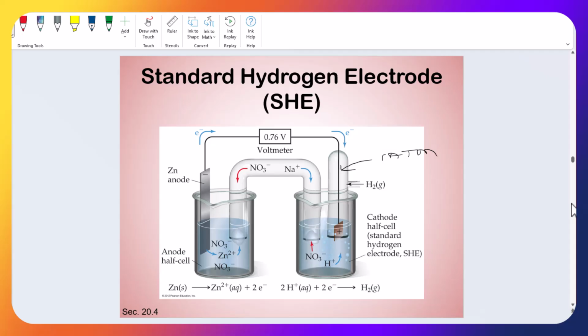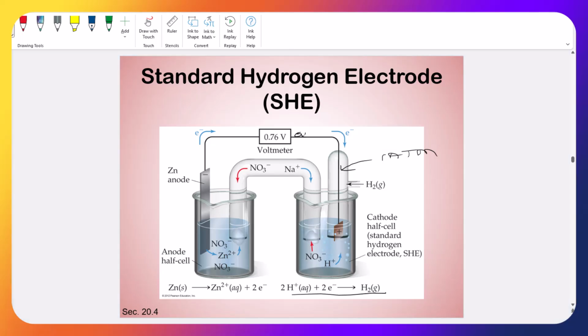What we're measuring is the tendency of this electrode to either oxidize or be reduced in reference to the standard hydrogen electrode. And so if the zinc chooses to oxidize in the presence of the standard hydrogen electrode, what we're going to wind up with is a positive oxidation potential, but a negative reduction potential.